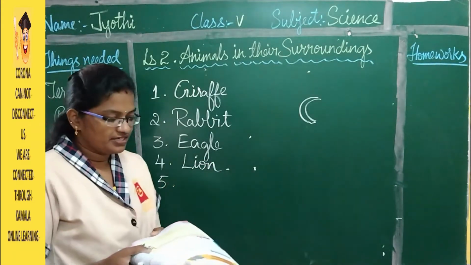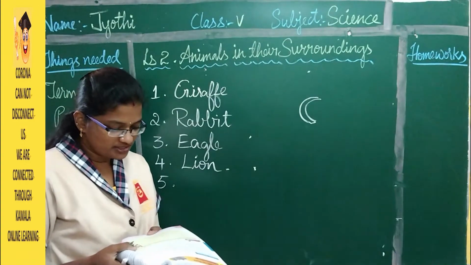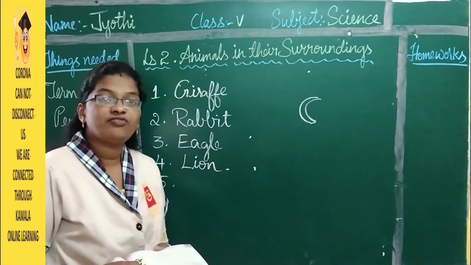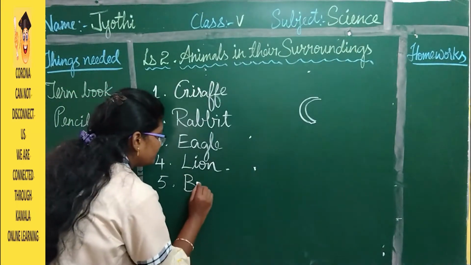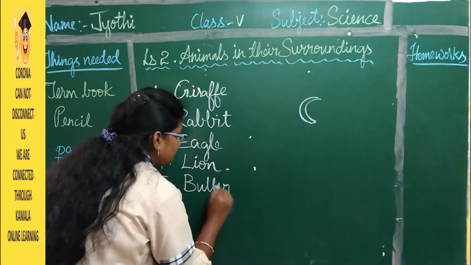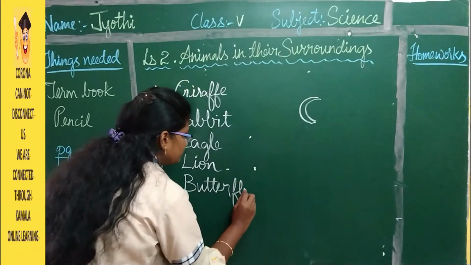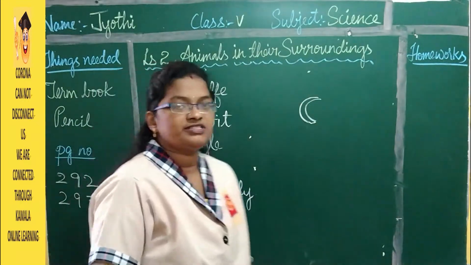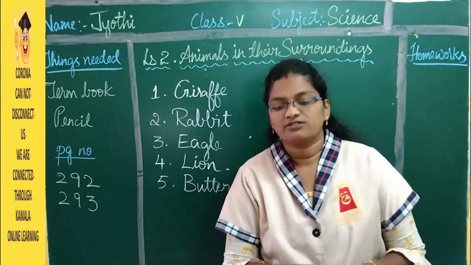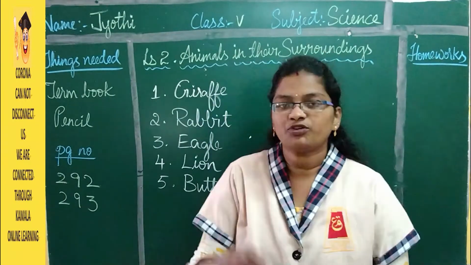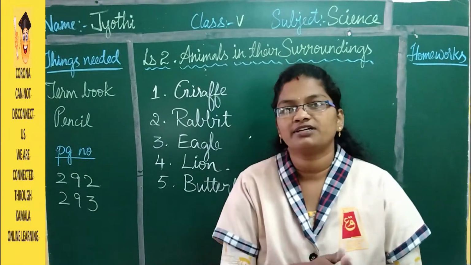And the last one is, it uses a proboscis to suck nectar from the flower, and the given picture is butterfly. Proboscis is nothing but a long tube-like structure. Whenever you want to drink a cool drink, you put a straw in that and you drink, right?